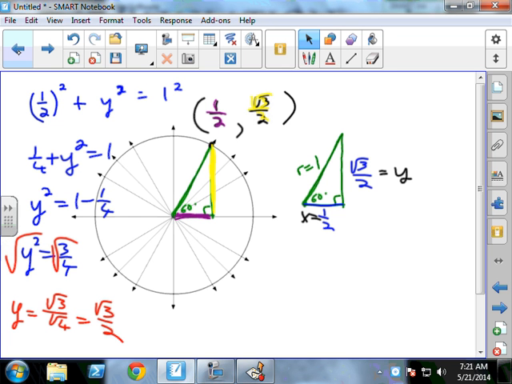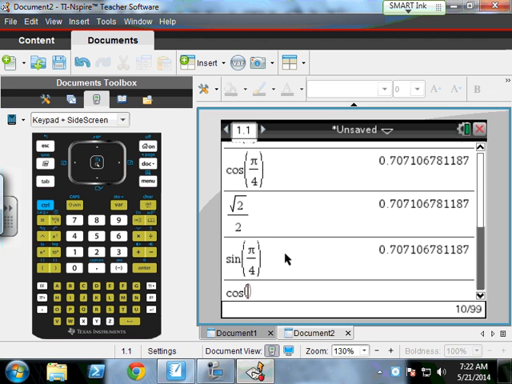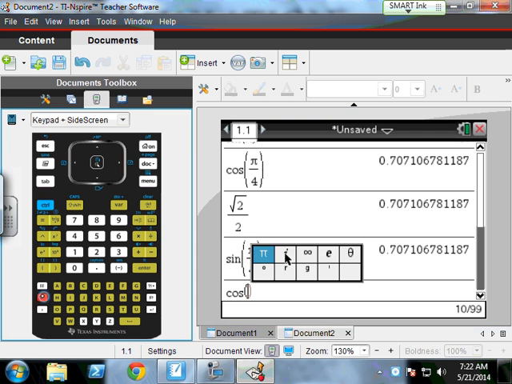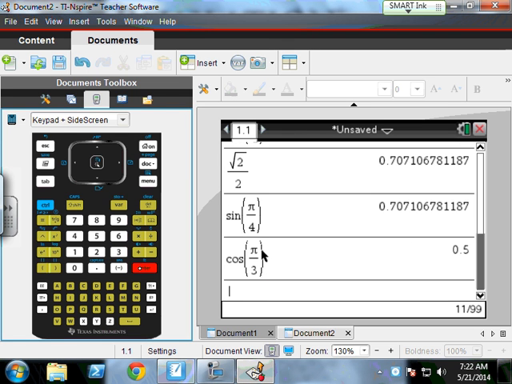Okay. So just to kind of show you again, back to this whole degrees, radians, sine, cosine stuff. Remember, 60 degrees is pi/3. So if we found the cosine of pi/3, we're expecting that to be the same thing as the x-coordinate at that point on the unit circle, which is 1/2, which is 0.5.